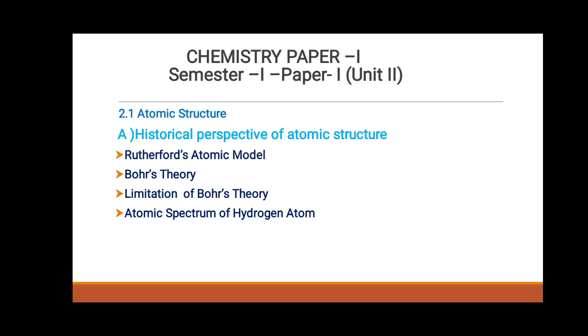What is the Rutherford atomic model, what he expected, what he got, and the limitations of the Rutherford atomic model. Second, we study Bohr's theory, Niels Bohr's model, what he expected and what he got, which we will study in the next lecture.